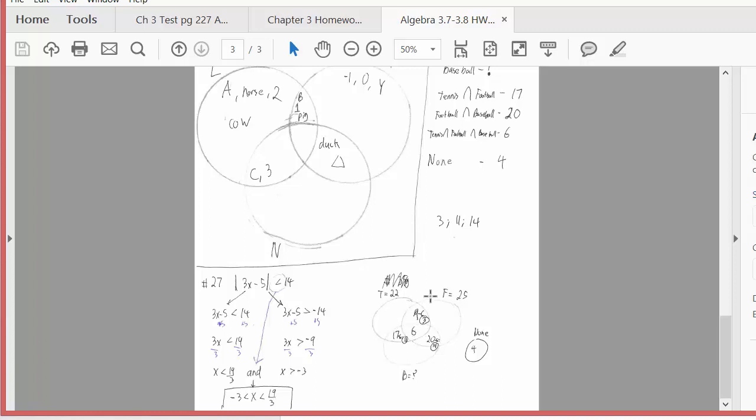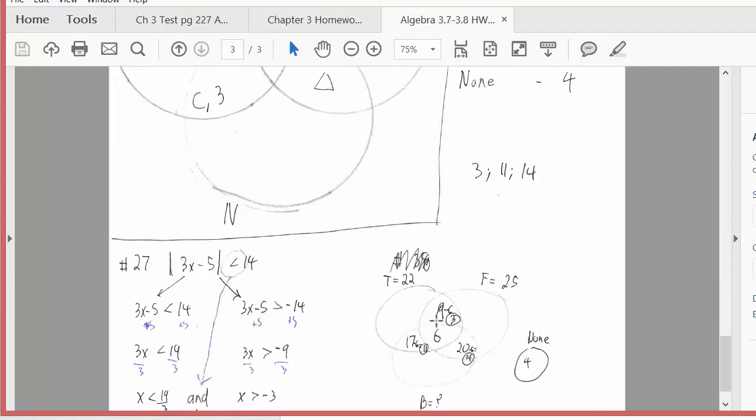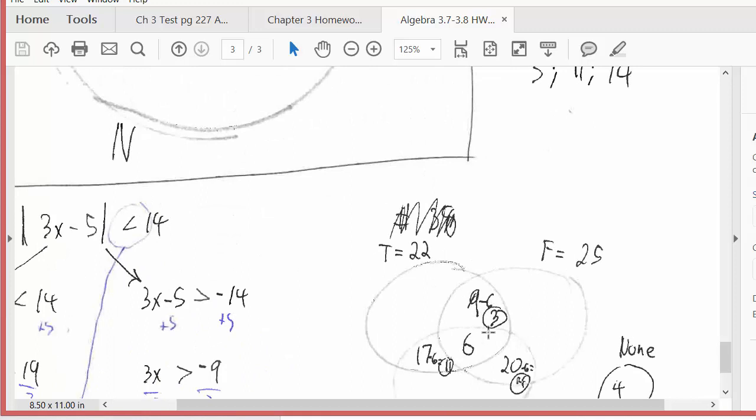So we want only tennis and football, so don't include the people who like baseball, tennis, and football. So you basically subtract the 6 from that 17, from the, in this case, let's see, this number right here is a 9. So you subtract that 6 from the 9 and that's why you get 3.